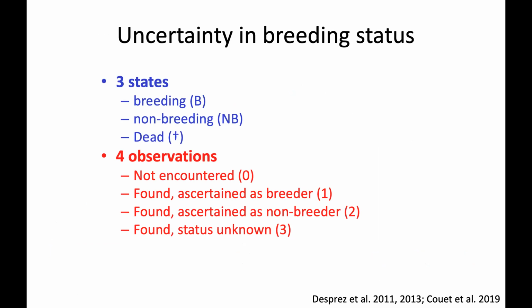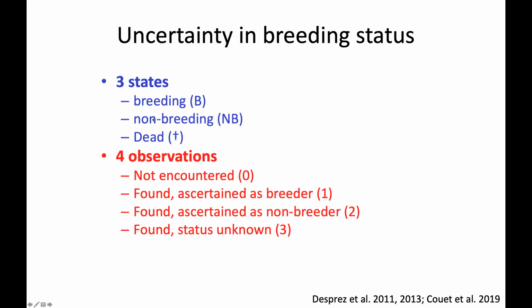There's several papers, it's just a few examples, but I love those ones. You have 3 states, so it can be, I don't know, female rodie, it can be kittiwakes, it can be, in that case it was bottlenose dolphins, any species in which you have some uncertainty to assign a breeding status to the individual.